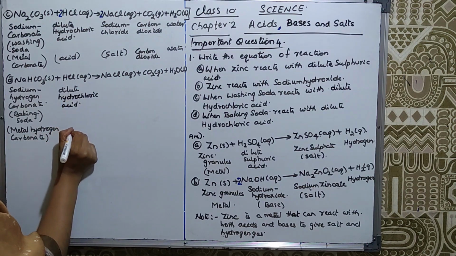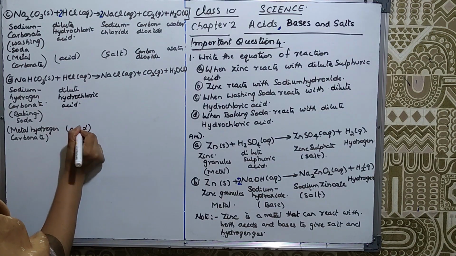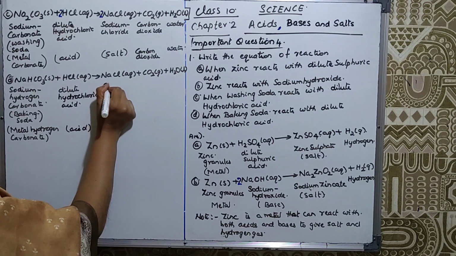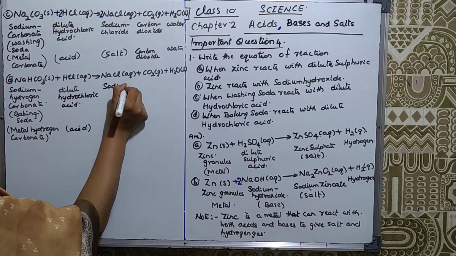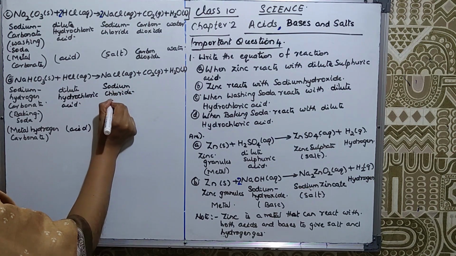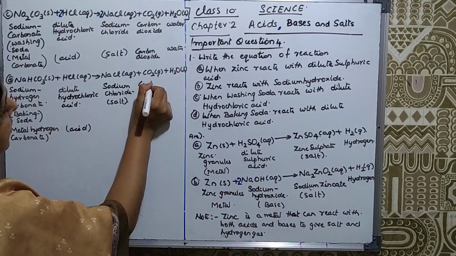So the metal hydrogen carbonate is reacting with acid, and both of them I am writing in the same way, to give sodium chloride, that is the salt, carbon dioxide and water.